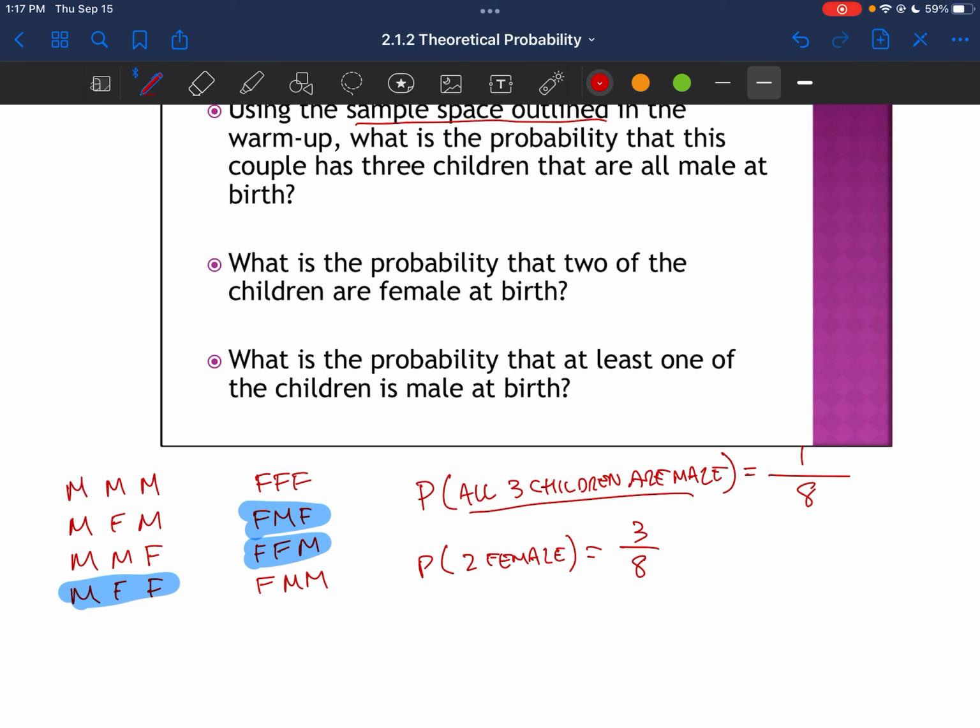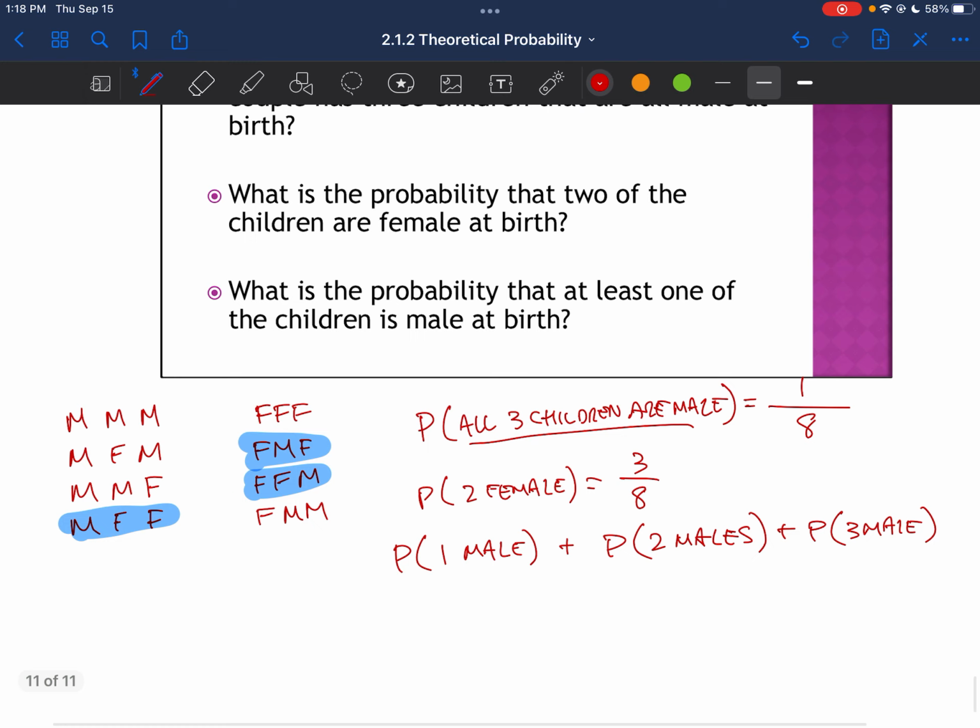And then this last example is going to have us talk about the probability that at least one of the children is male at birth. Now, luckily, we already highlighted 3 that have 1 male in them, because the last one was exactly 2 females. Now we're talking at least one male. So this is going to be the probability that there's at least 1 male, but then we could also have the probability that there's 2 males, and then also the situation where all 3 are male.